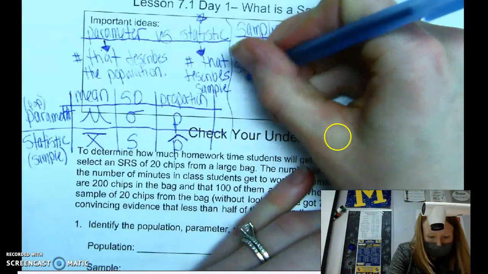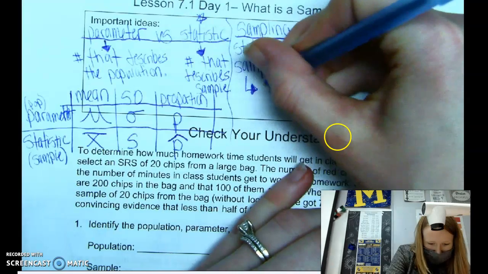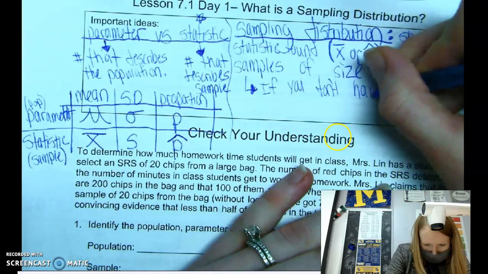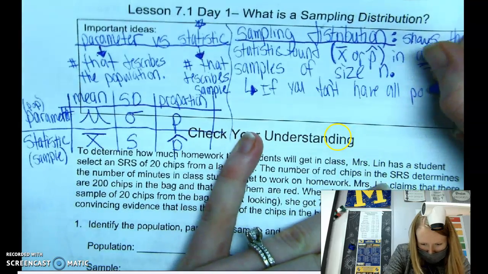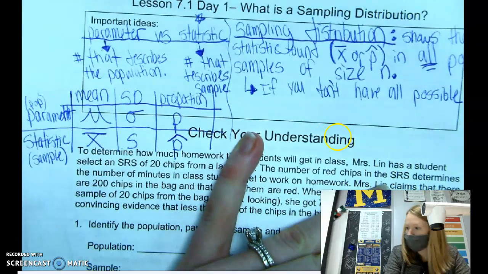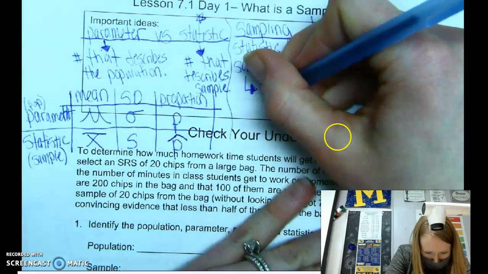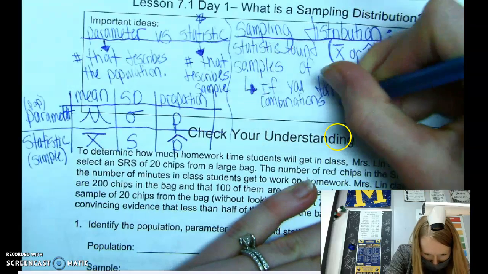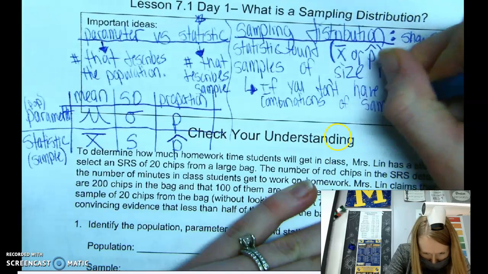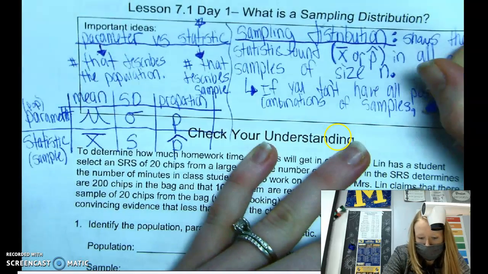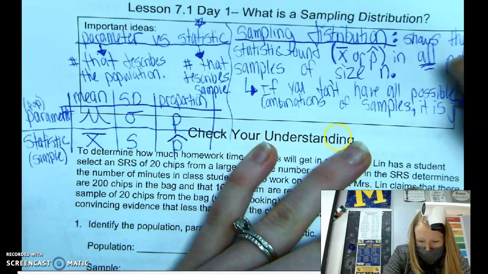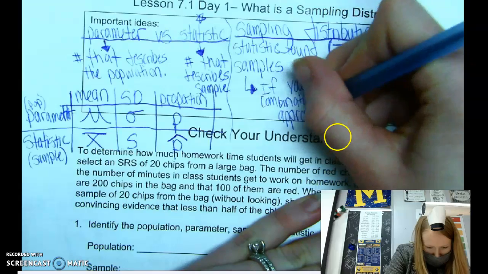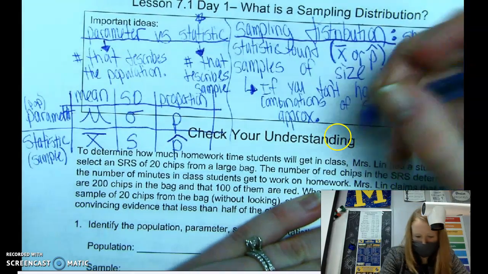So if you don't have all possible combinations of samples, it's just an approximation of the sampling distribution.